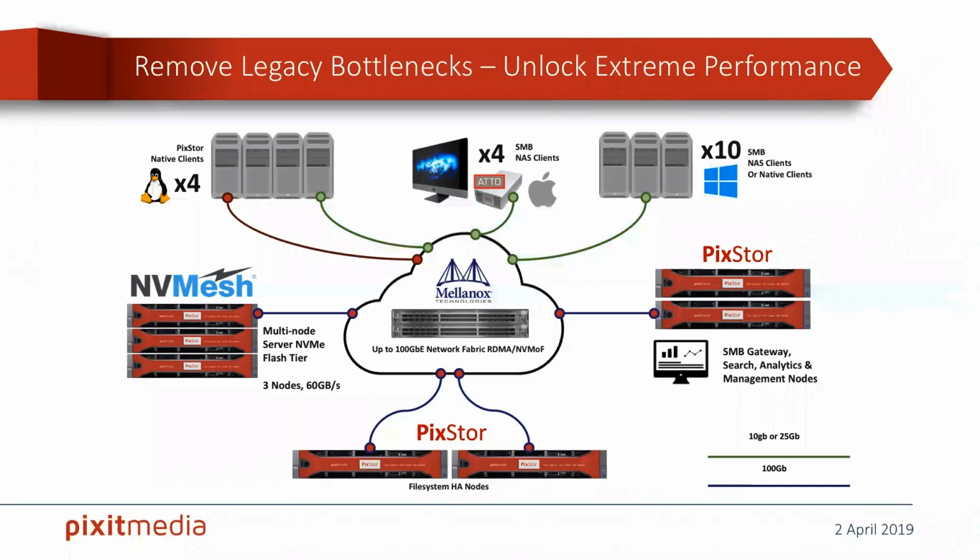So we start with an Excelero NVMesh volume that is created and managed by Pickstore, served out over 100 gigabit Ethernet through industry standard Mellanox Spectrum Ethernet switches. With Excelero NVMesh, there's no bottlenecks from RAID controllers or proprietary hardware. It's all industry standard hardware.